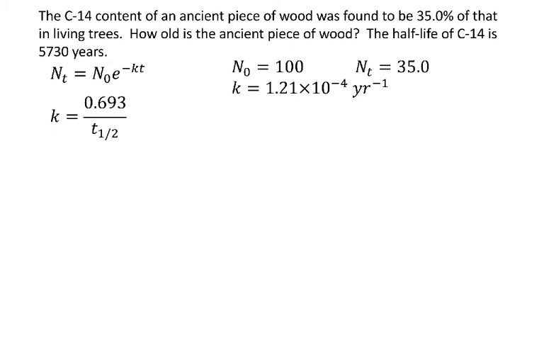Okay, so I've collected the information from the previous slide, and now we can take all of this information, plug it into our first equation, and solve for t. So 35 equals 100 times e to the negative Kt, and I'll often use a script t so I don't get it confused with plus signs. So the first thing I'll do is divide both sides by 100.